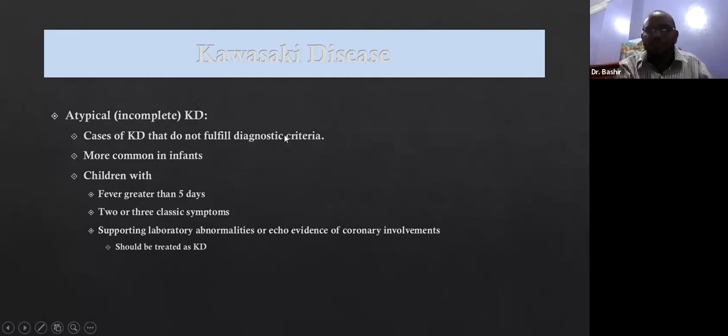You will find fever and 2 to 3 of the other criteria, or children more than 5 years. Like children with fever greater than 5 days and 2 or 3 classic symptoms, and then you have to have supporting laboratory abnormalities or echo evidence. If you have echo evidence of coronary involvement, this supports it and it should be treated as Kawasaki.